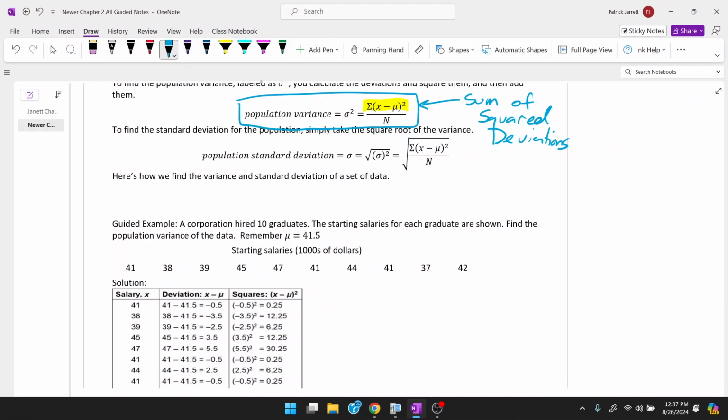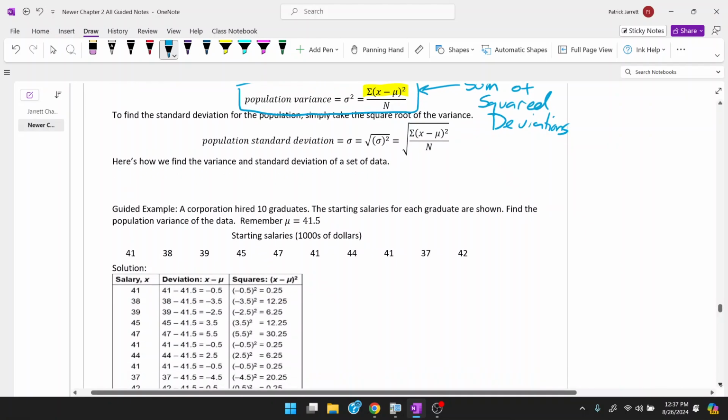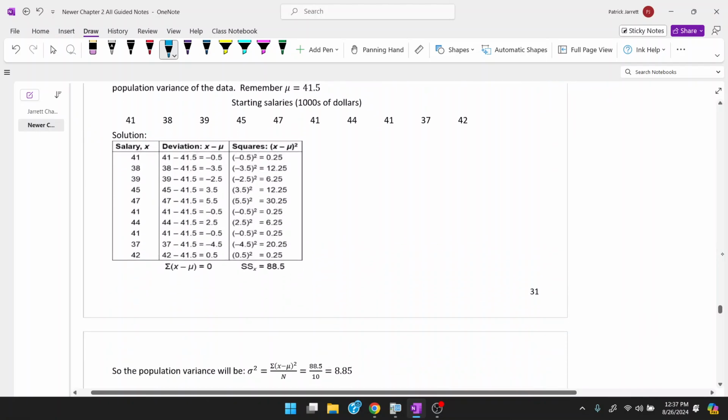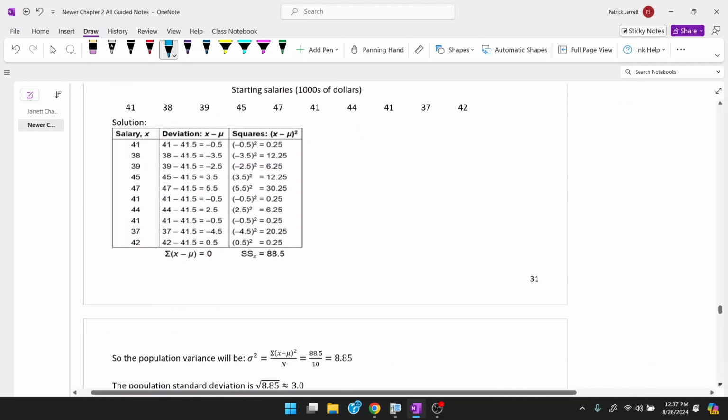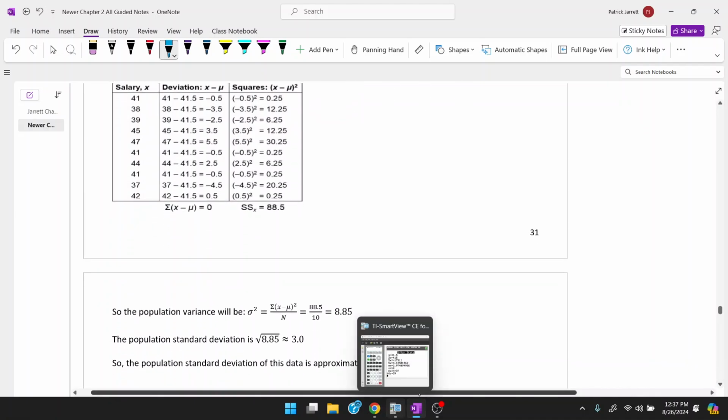So, here's what happens. In order for us to find the population variance, we have squared all of this data. And we add up all those squares and divide it by 10, which is the number of pieces of data, plain and simple. And it's going to be 8.85.